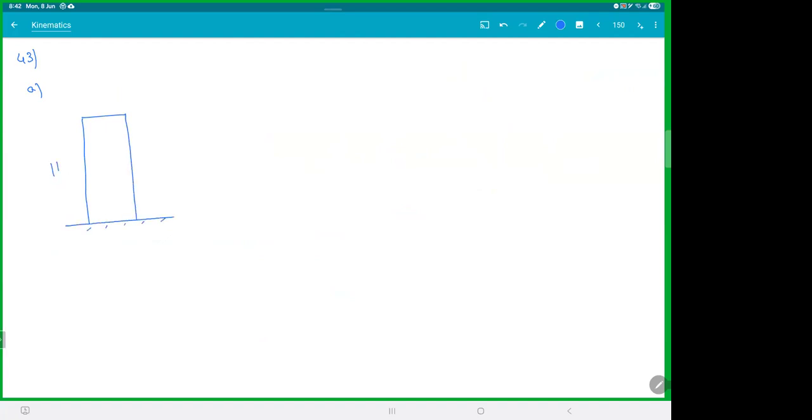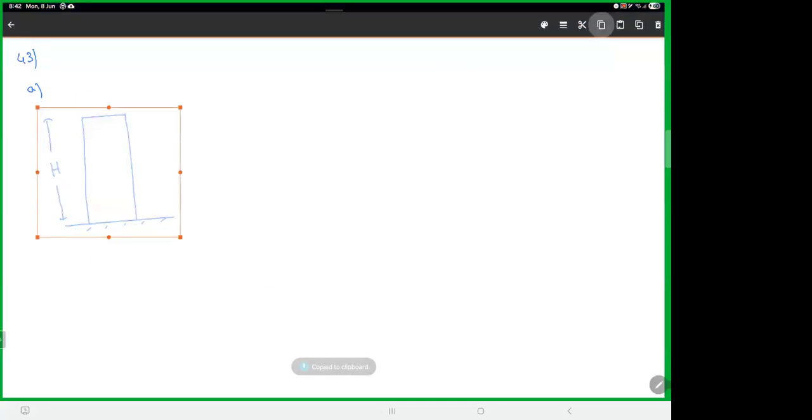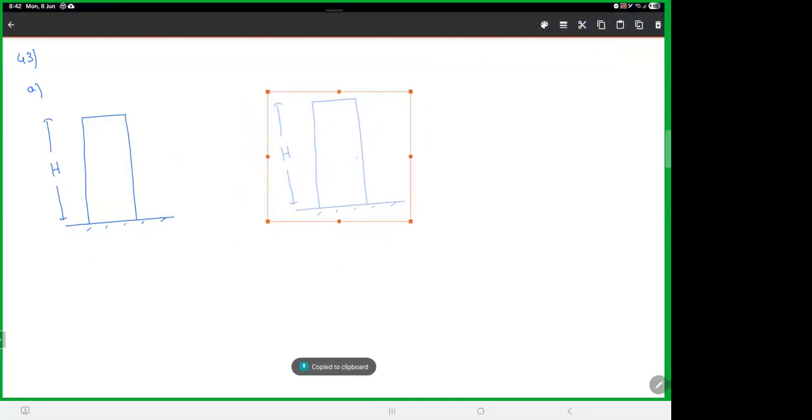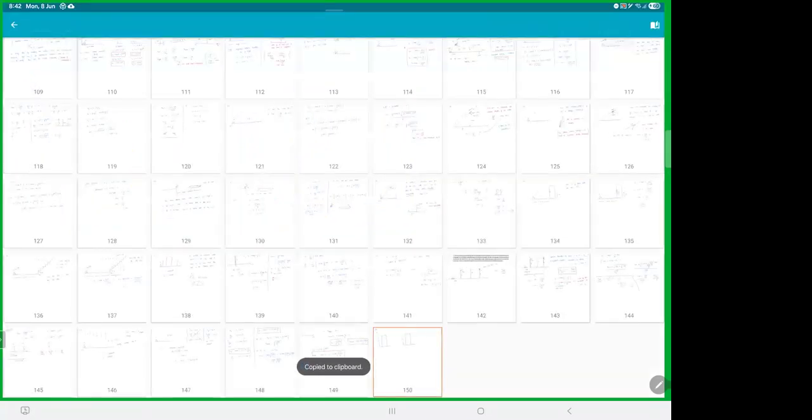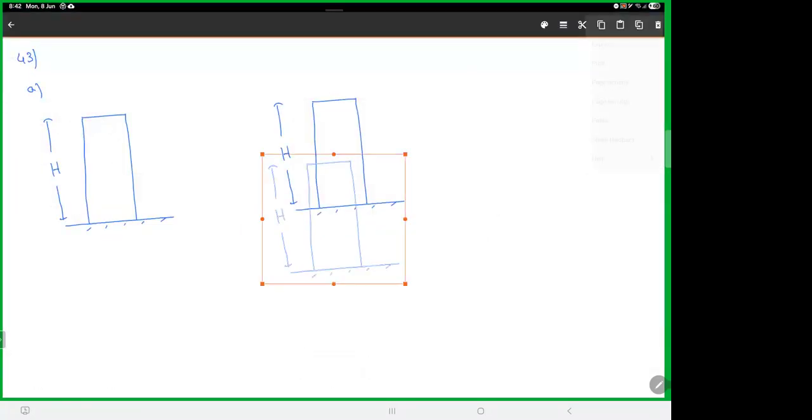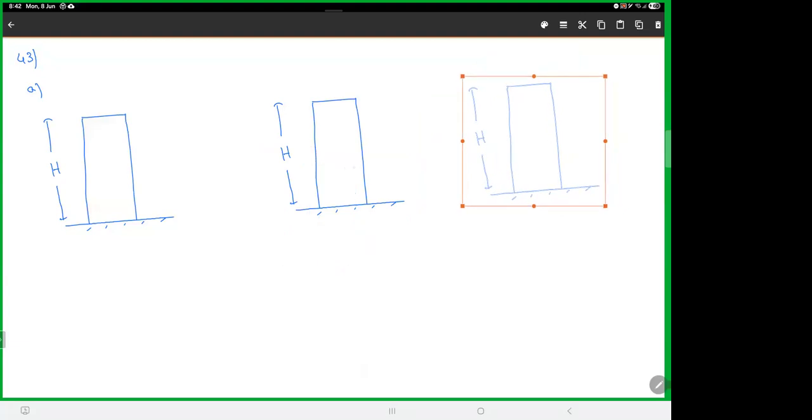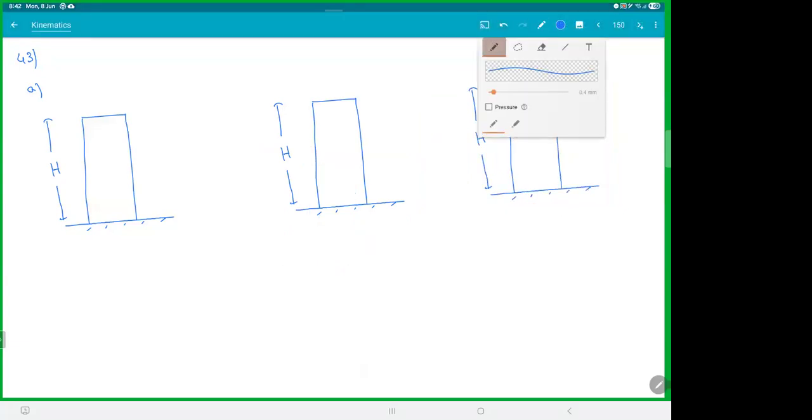We've got a building here of height h. You're throwing a particle with speed u horizontally.